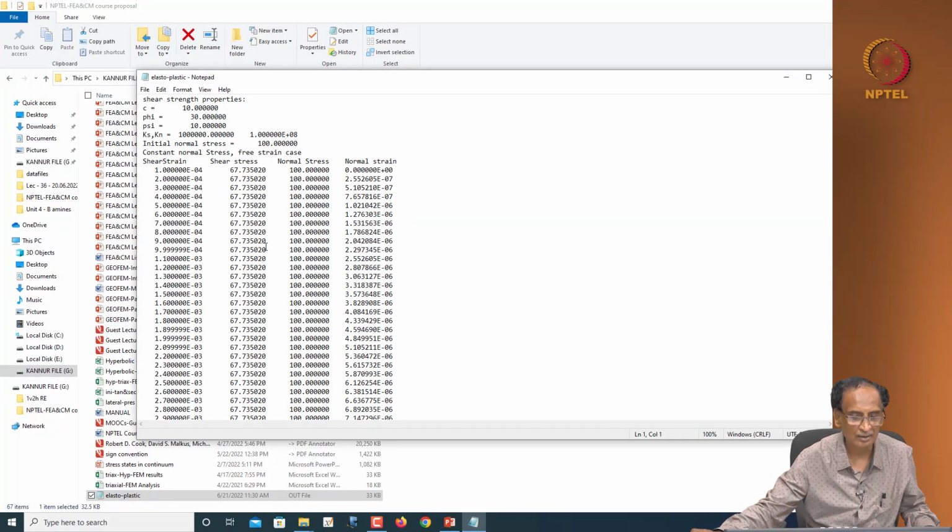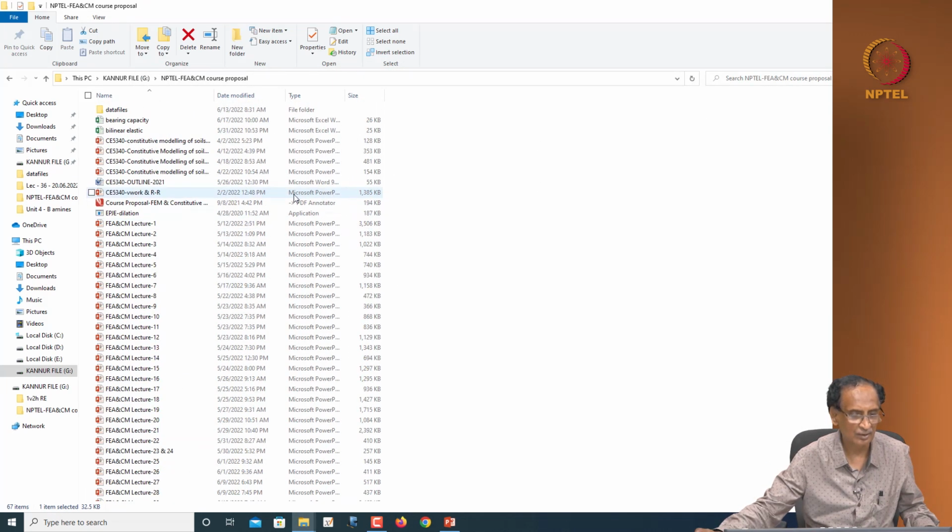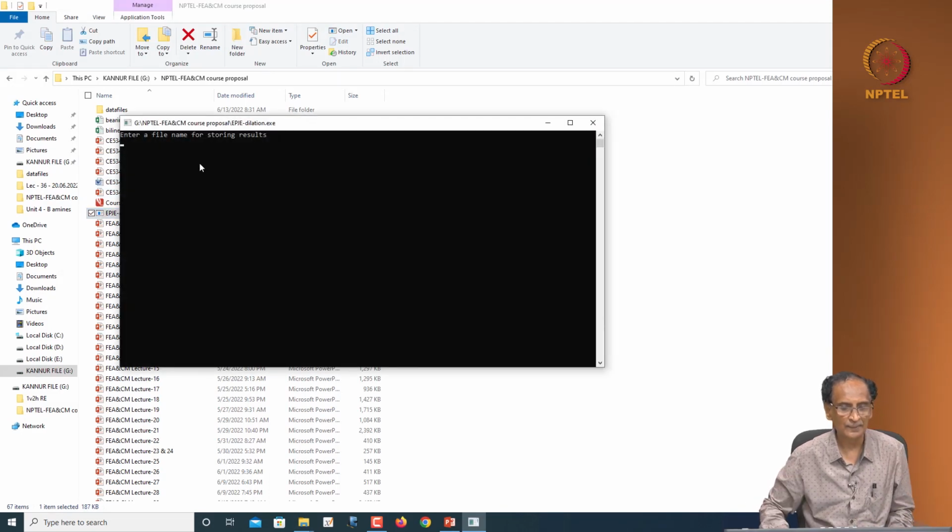Oops, even with this, what's happening? Actually, I think I have to decrease the shear strain increment much further, or let me just control the shear modulus.